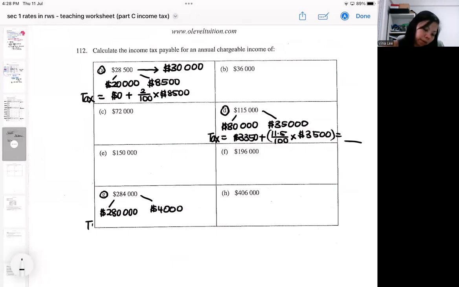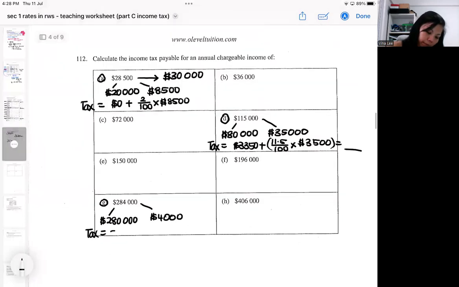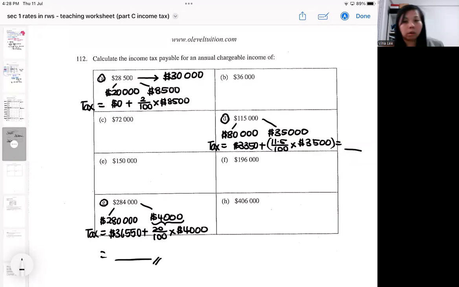So the tax for the first basket, if you look, is 36,550. So 36,000 of tax. Then the second basket is 20%. That means you take 20% of the second basket. So then that will be your total tax.